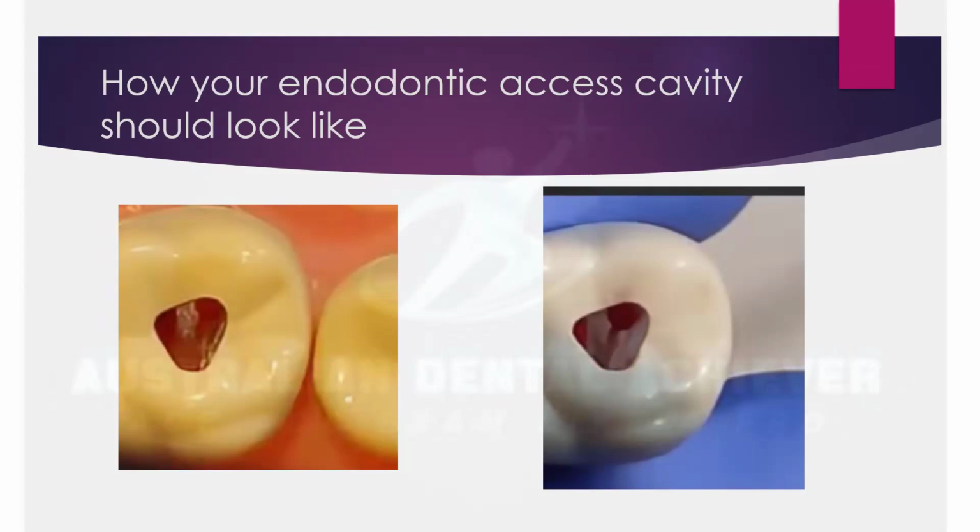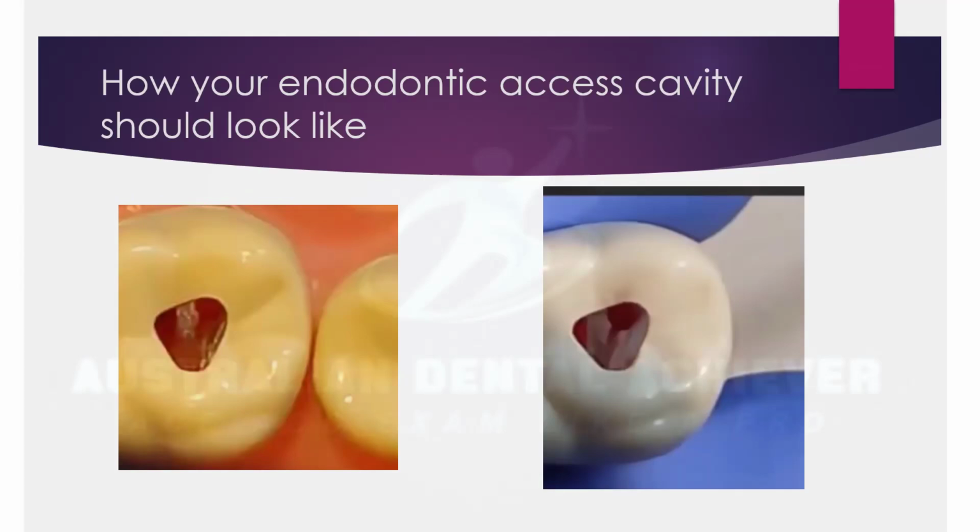This will give you the basic idea of how the access cavity should look, because the initial three criteria depend on this point only: how the access cavity shape should be, and how the access cavity size should be. Try to remember, if underextended, it means there is a roof, and if there is a roof, it leads to a direct fail. So there should not be any roof.